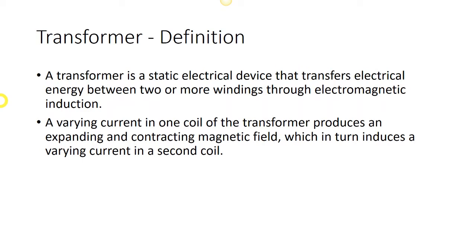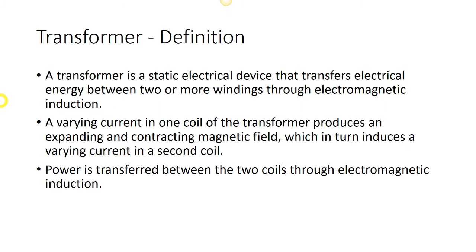And so this expanding and contracting magnetic field produces or induces a varying current in the second coil, and we're going to see that with some animations here in just a moment. The power is transferred between the two coils through that electromagnetic induction.